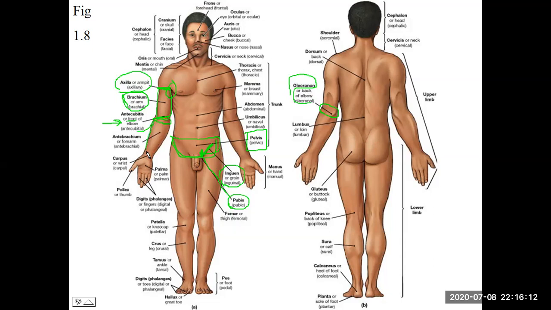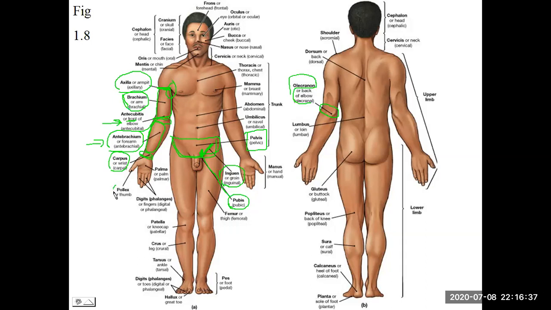Antebrachium is what we commonly call our forearm. So we could say the more inferior or distal portion here, distal to the elbow, inferior to the elbow. Carpus, the area of the wrist, the location of the carpal bones.